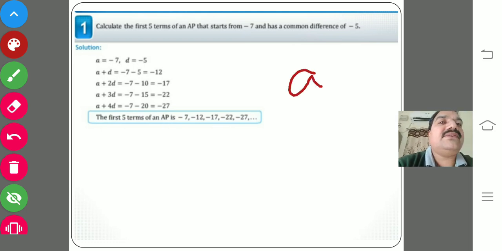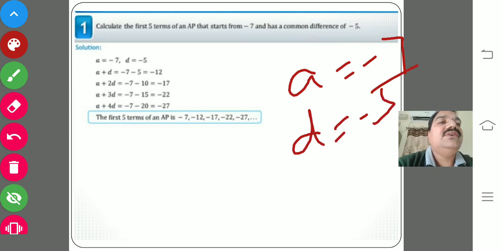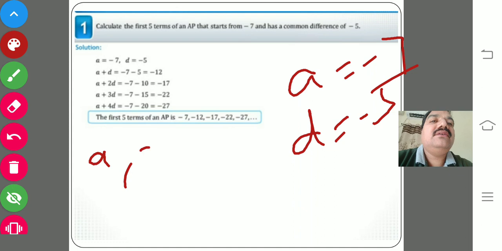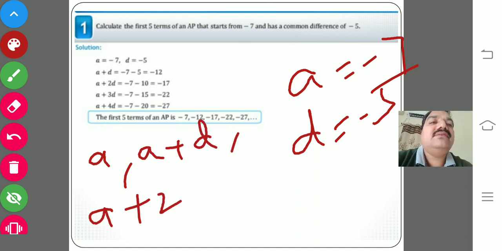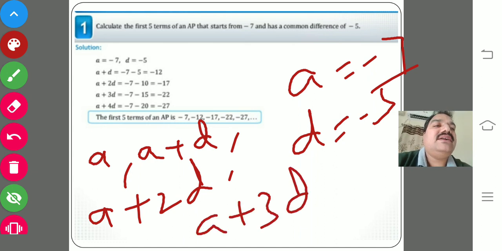So A equal to minus 7, because it is starting with minus 7, and the common difference is given 5. You know that A is minus 7, and A plus D, A plus 2D and A plus 3D and so on.